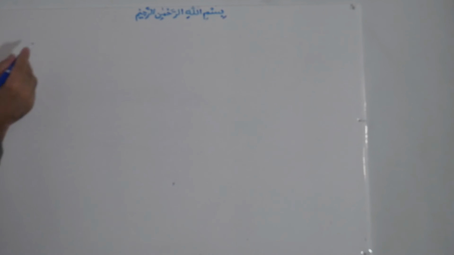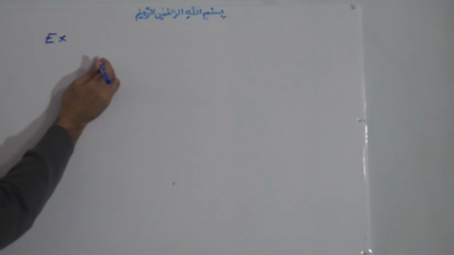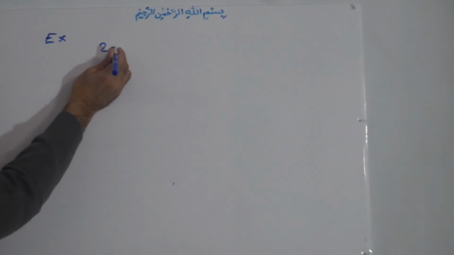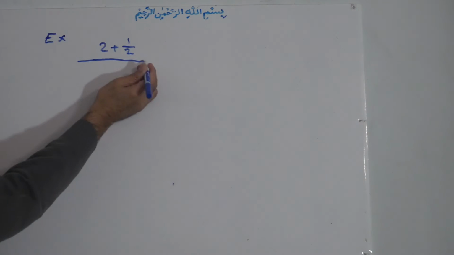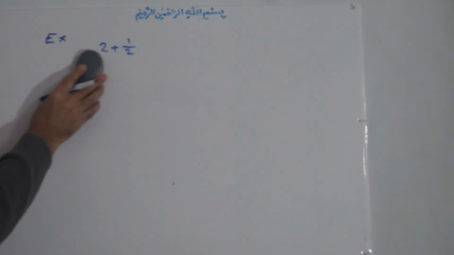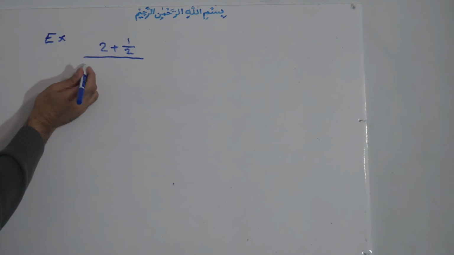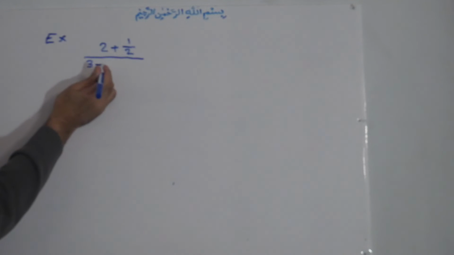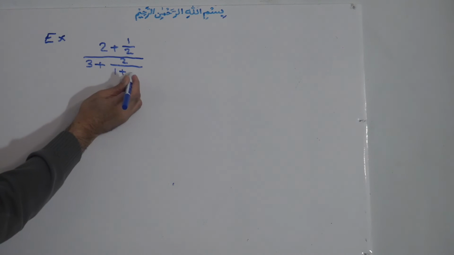Now another example. 2 plus 1 over 2, over 2 plus 1 over 2, over 3 plus 2 over 1 plus 1 over 2.